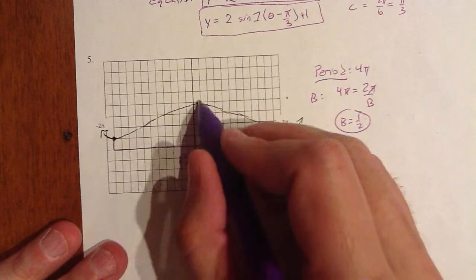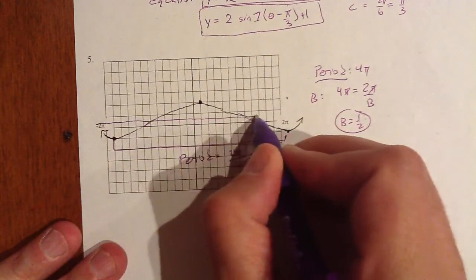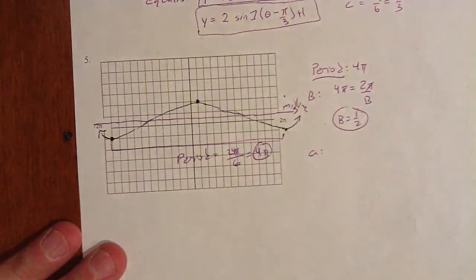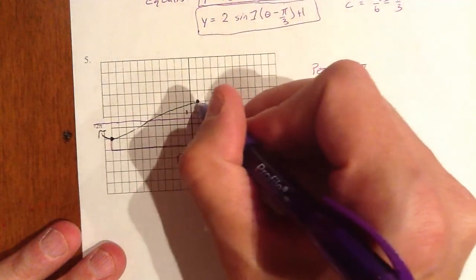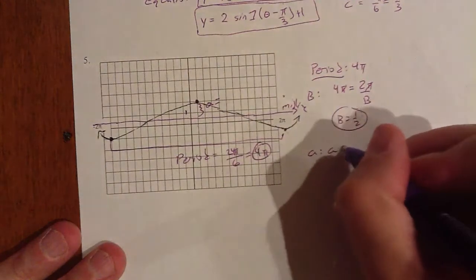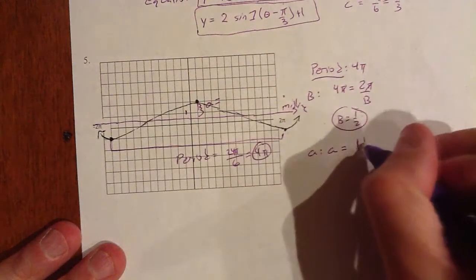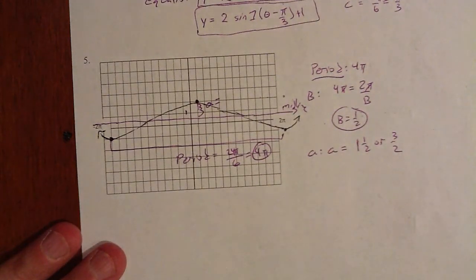To get our midline, I have to go in the middle here. There's my midline. That's an interesting one. Okay? So our amplitude is the distance between. So again, let's scale by 1s. So my amplitude, my A, is going to be also, looks like 1/2. Or 3/2. It doesn't matter which one you pick.